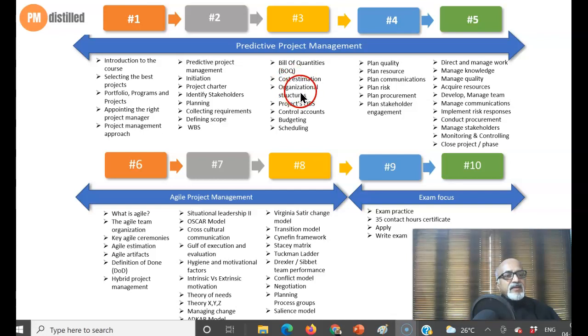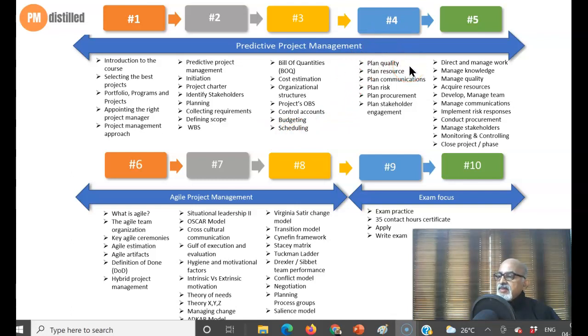Then we discuss a little bit about the various organization structures, and then we get into the definition of the project's organization breakdown structure. Then we define control accounts, then create the budget for the project, and after that we will discuss scheduling. Then we move on to iteration 4.